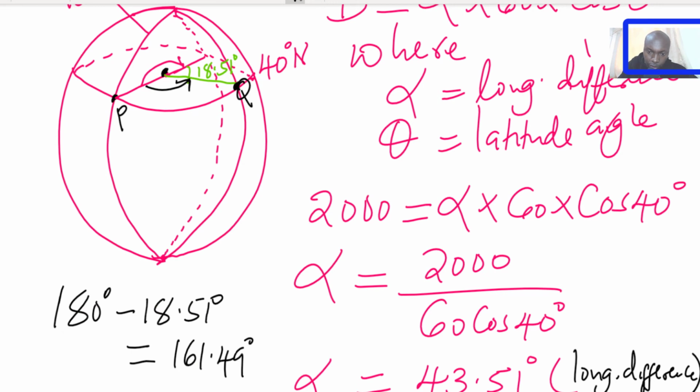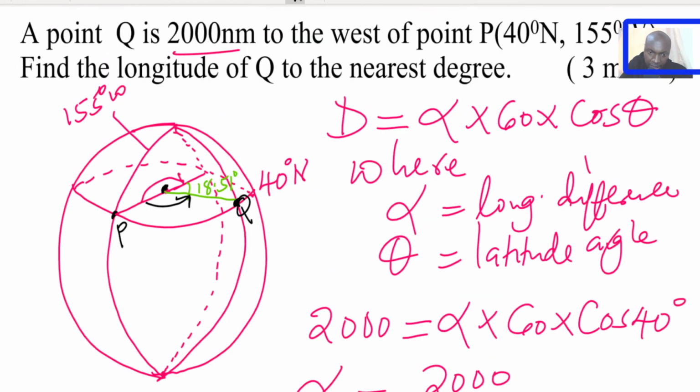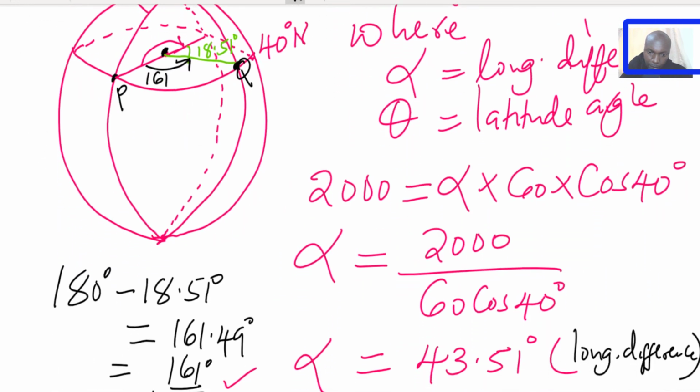And since you are required to give this to the nearest degree, you give 161 degrees. If you round off downwards, you get that. So this is the angle that you require, 161 degrees.